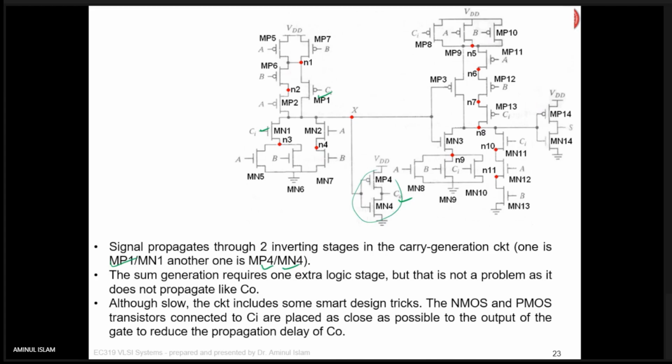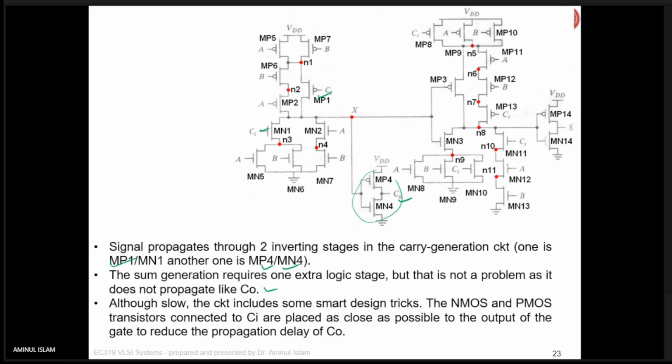Whereas sum requires 3, isn't it? The sum generation requires 1 extra logic stage, but that is not a problem as it does not propagate like CO. See, when we analyze a full adder circuit, we never consider the propagation delay of sum, even though sum requires 3 inverter delays.